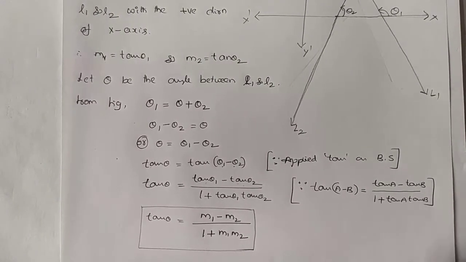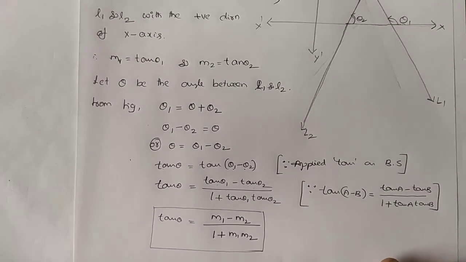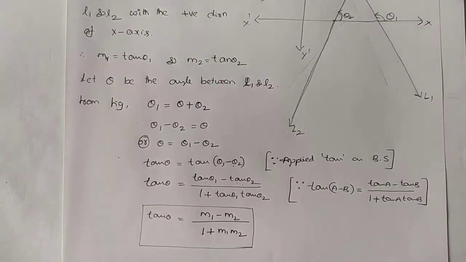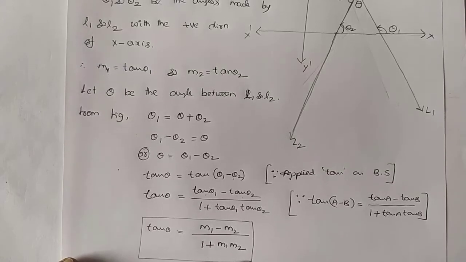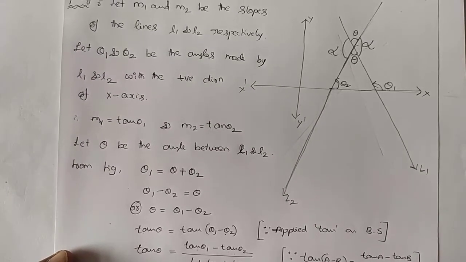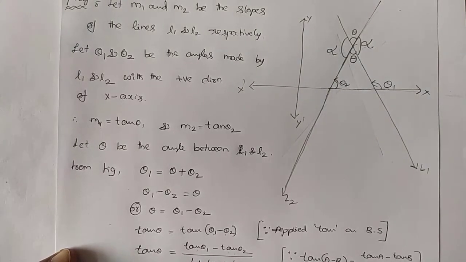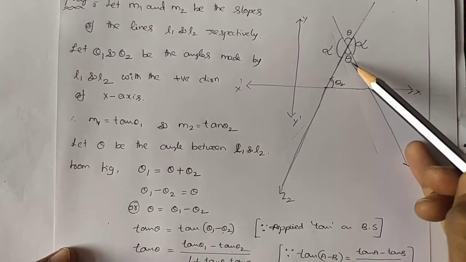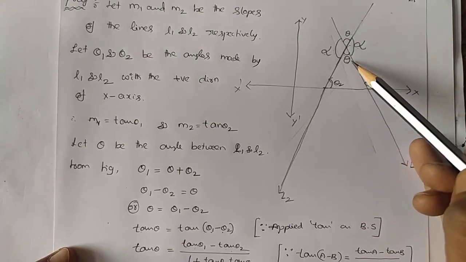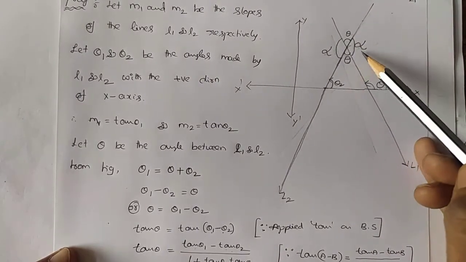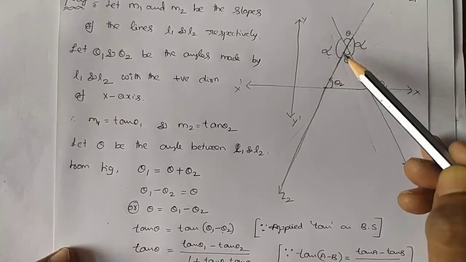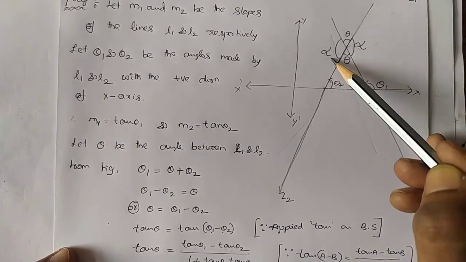Okay, now it is one case. Next we will have one more case. If you observe the figure, we just found the angle theta. Next we need to find the angle alpha also.